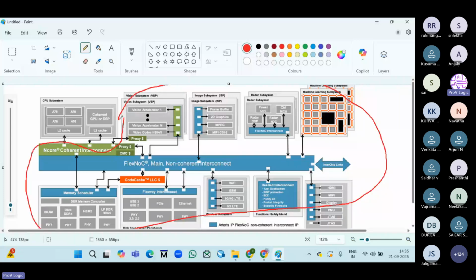RTL design, where we write the Verilog program and generate the circuit netlist for that. But the processor, nothing but the core. The core is nothing but assembly language programming. It's an instruction set architecture.